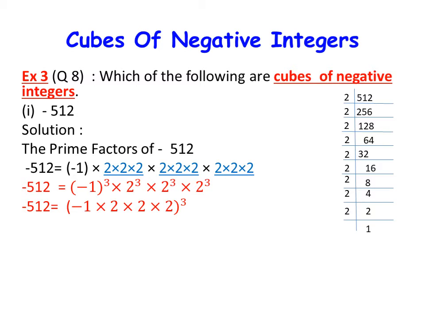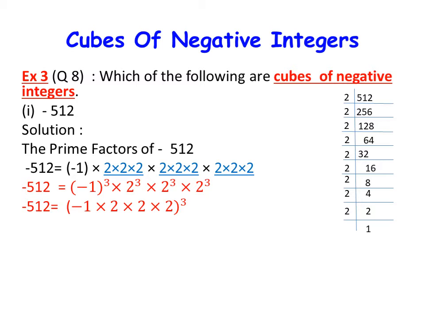So minus 1, then we have made the triplets, then write the triplets in the cubic form. So we have got minus 1 cube. As you know that 1 is a friendly number, whatever exponent is taken on it, it will always remain 1. Now since we need minus 1, so we have taken here cube.